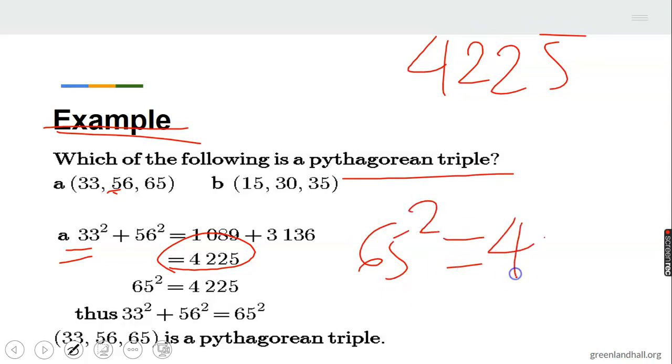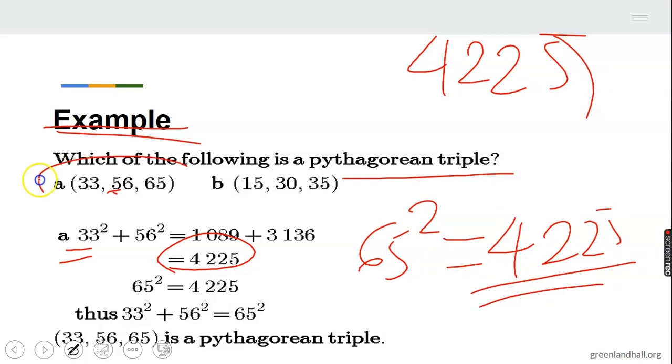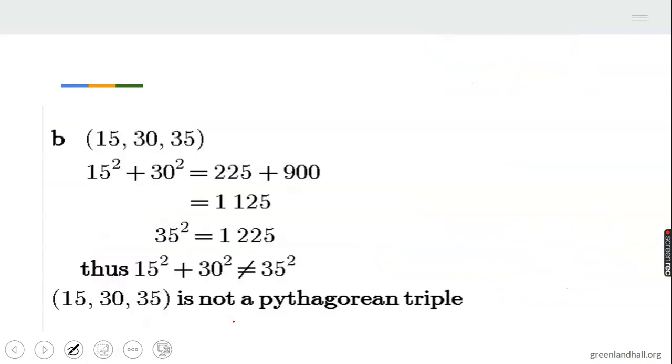If 65 square gives you 4225, that means this is a Pythagoras triple. Thus 33 square plus 56 square equals 65 square. That means it is a Pythagorean triple.